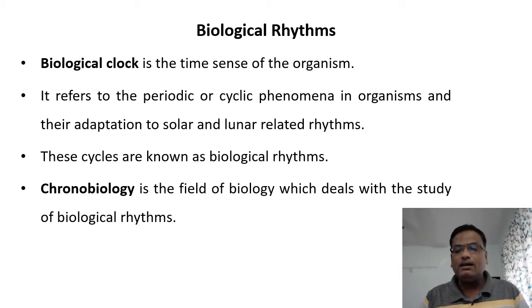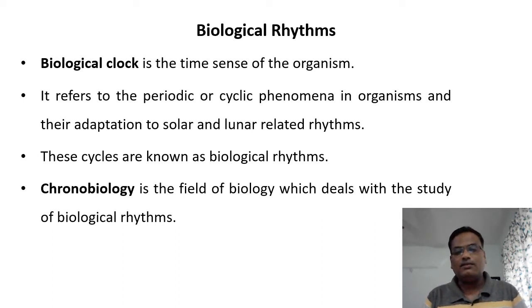So these internal cycles where the changes occur cyclically, if the cyclical change is of about 24 hours, then we call it daily cycle, circadian cycle. If the cyclical change is comparable to a month, approximately a 1 month period, then we call it lunar cycle. If the changes are repeated every year, then it is called annual cycle, right?